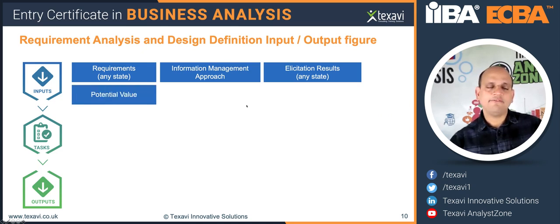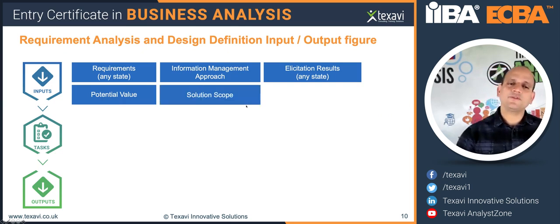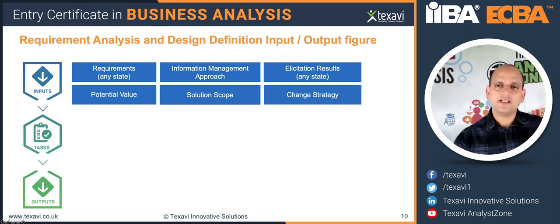What is the potential value that we have defined for the proposed solution, the solution scope, what is in scope and what is out of scope, and then the change strategy that we have just discussed in the last knowledge area. So all of these are going to be feeding into the requirements analysis and design definition tasks or activities that we are going to conduct within this knowledge area.